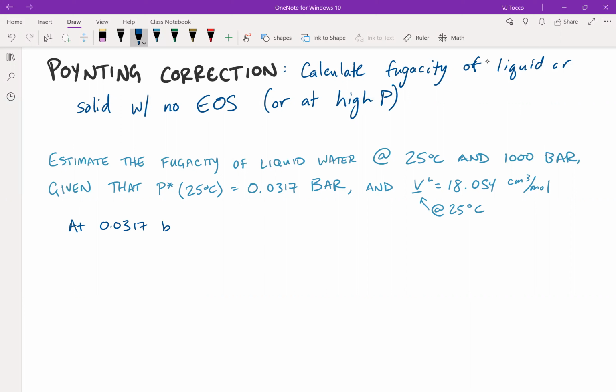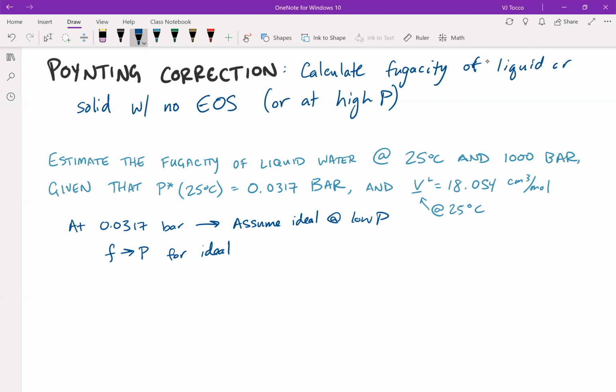This is a very low pressure, so we can assume ideal at this low pressure. Therefore, the fugacity is going to approach P for ideal.